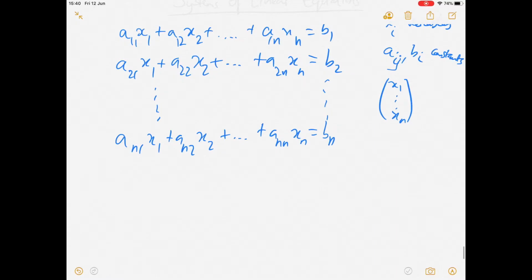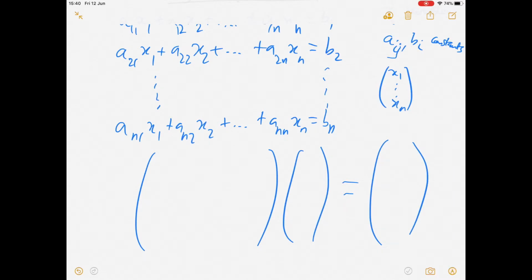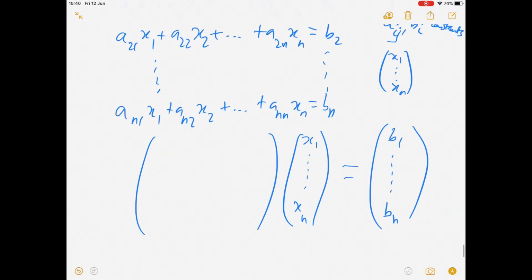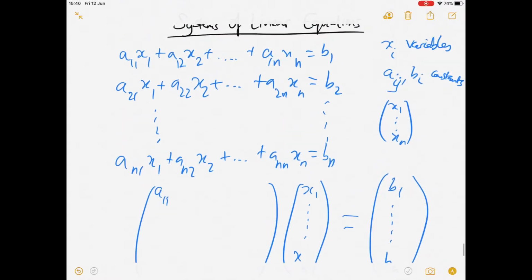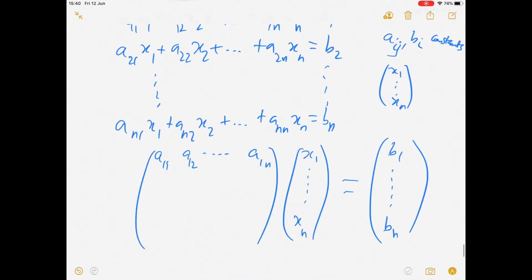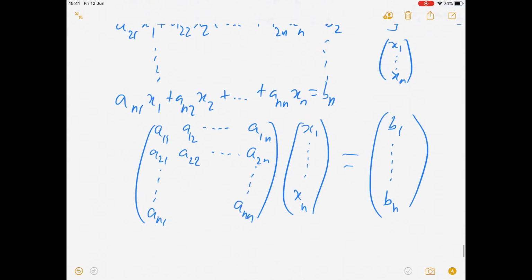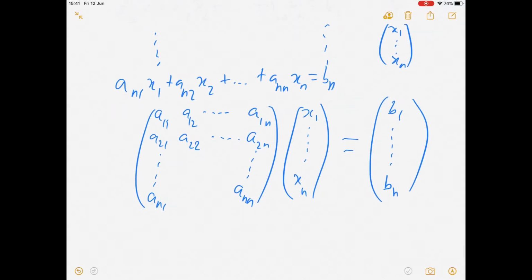So we can write it as a matrix. We can write it as a matrix times x1 all the way down to xn equals b1 all the way down to bn. The matrix has a11, a12 all the way to a1n, a21, a22 all the way to a2n, all the way down to an1, all the way down to ann, and the whole matrix is filled with the aij's.